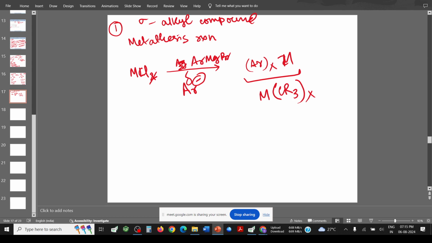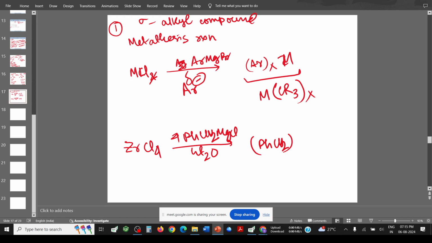A particular example is we have ZrCl4, we have 4 PhCH2MgCl in ether. We are getting (PhCH2)4Zr because the 4 Cl were there.